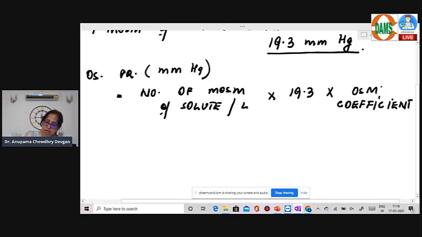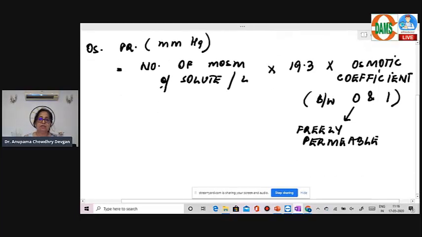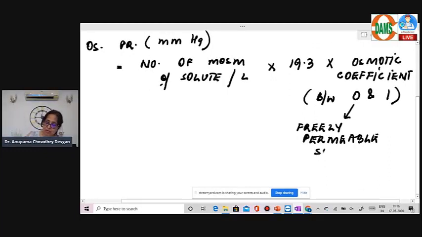Osmotic coefficient is usually between 0 and 1. 0 is for a freely permeable substance. A freely permeable substance will have an osmotic coefficient of 0. What are freely permeable substances?